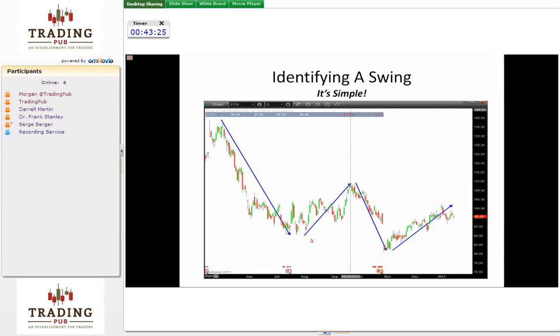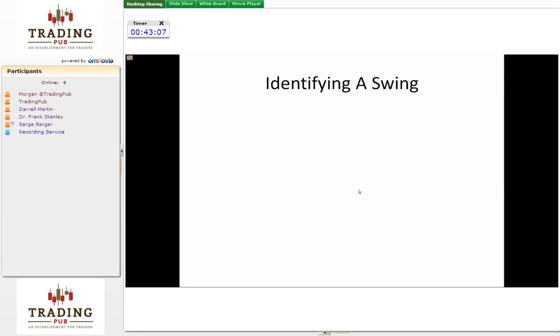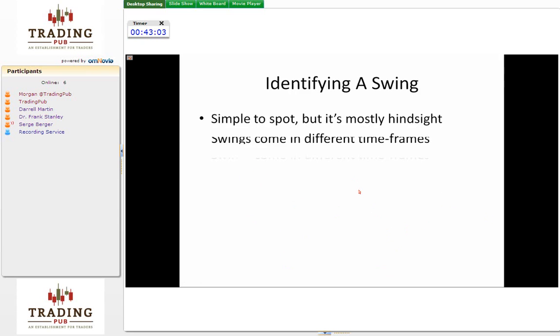And a lot of times, and you'll see this in the following few slides, I'm already kind of jumping ahead, a lot of times it's hindsight. So it's kind of stupid to think of swing trading that you'd be able to see the swing before it happens. Obviously, you can't do that, but it's important to understand where in the broader picture you are, so that you understand where the next swing might be coming from.